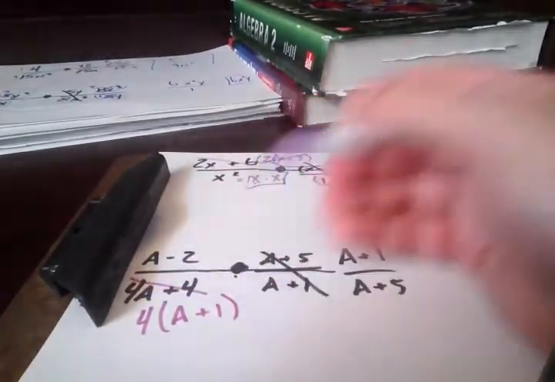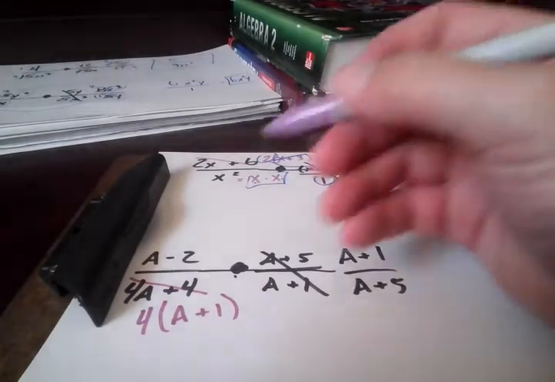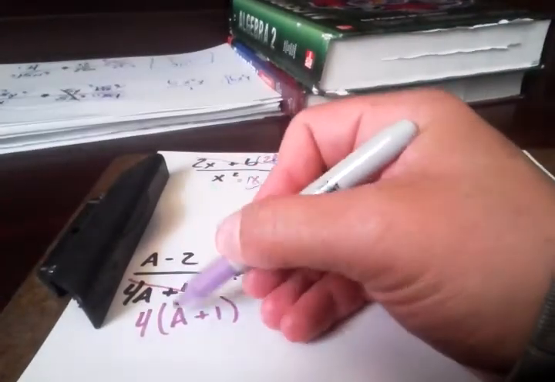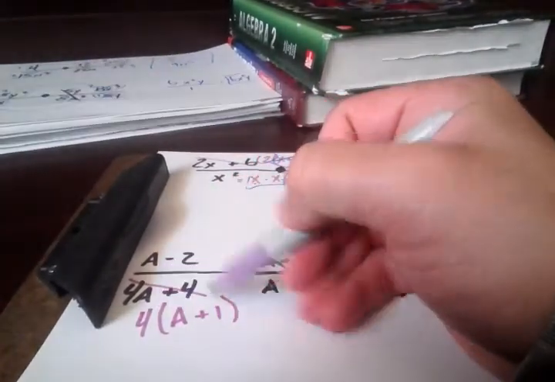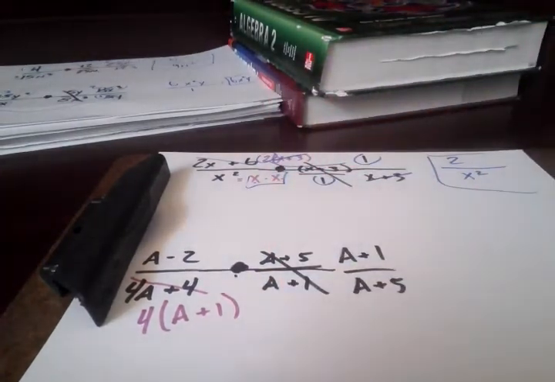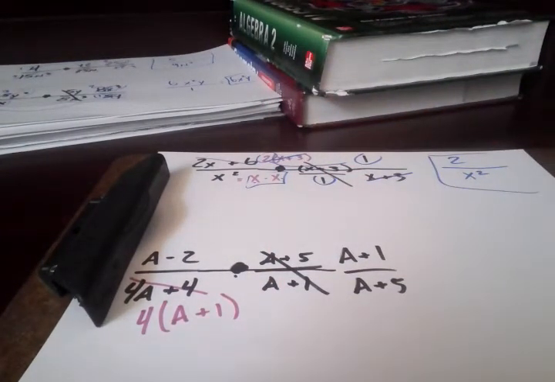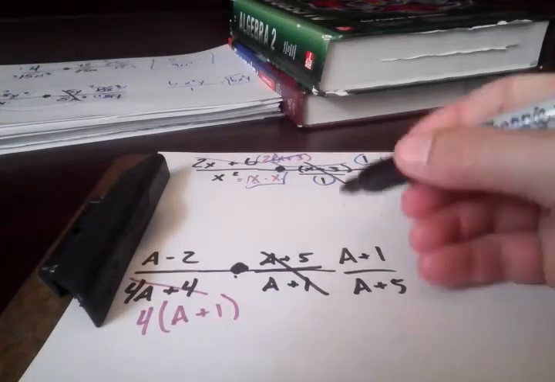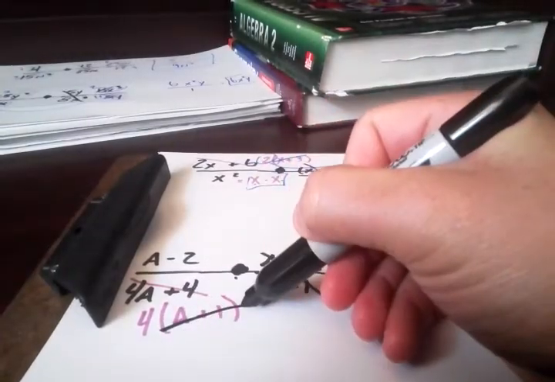Remember, if you distribute it backwards, then it should give us what we started with. So 4 times a is 4a, and 4 times 1 is the 4. So let's look to cancel some things out. I think that a plus 1 cancels here and here.